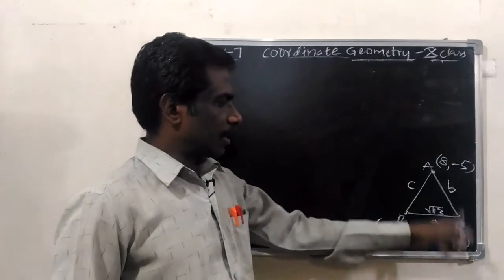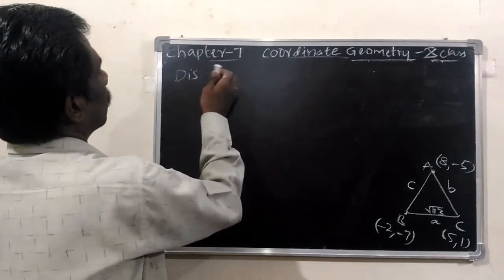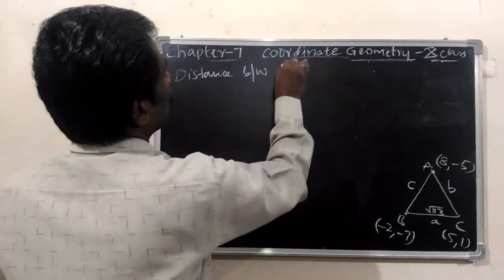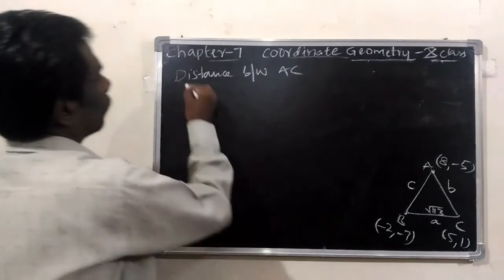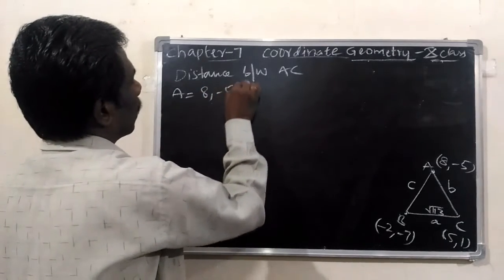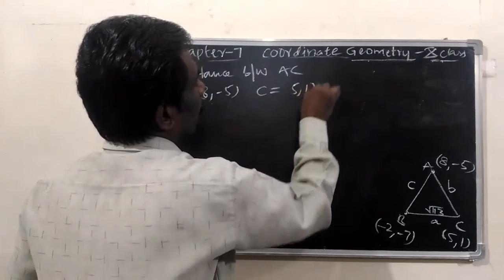So b is AC. Find the distance between A and C, where A is (8, -5) and C is (5, 1).